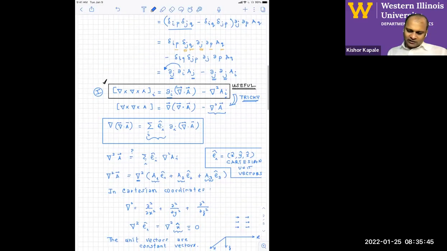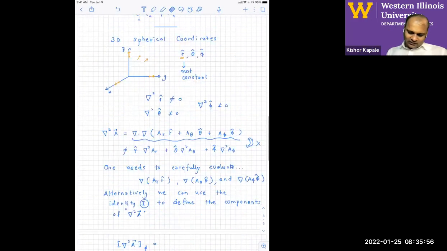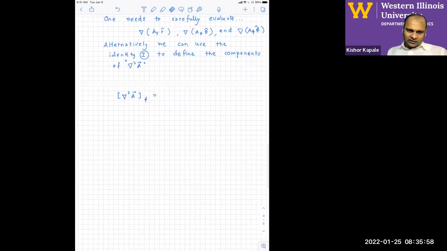Del squared, I just need this part here. So I move it to the other side and then remove the double curl to the right hand side. Okay, so I'm just going to get the phi component of the gradient applied to the divergence of A.